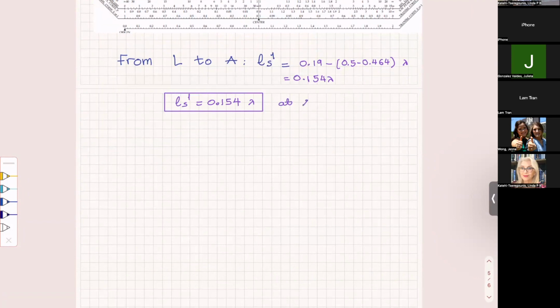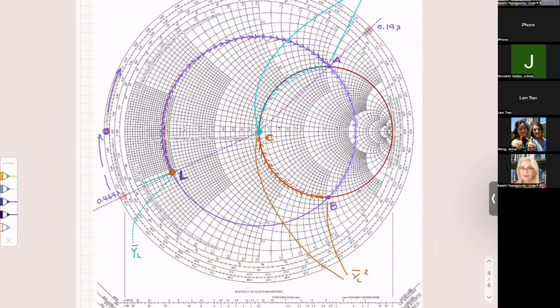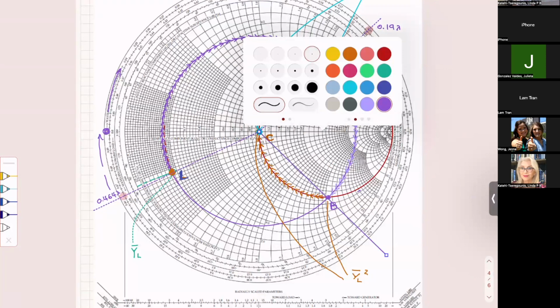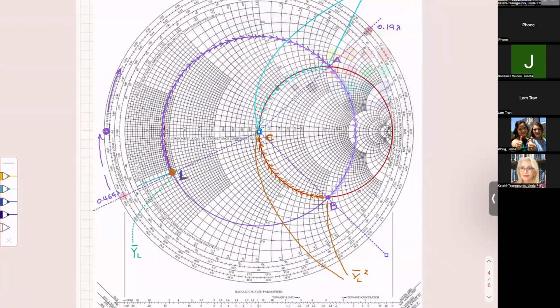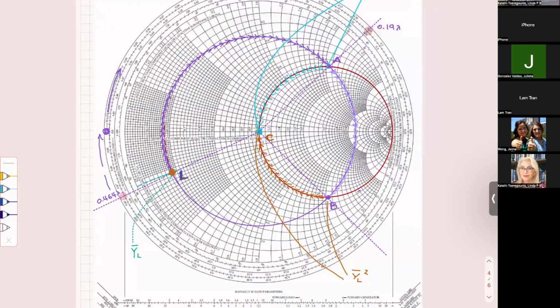At A. Now, if we stopped at point B, then we will have to draw this line here. And then we will have to find the additional distance we went from. So practically, we are now, instead of 0.19, now we stop at this point, which is 0.31.